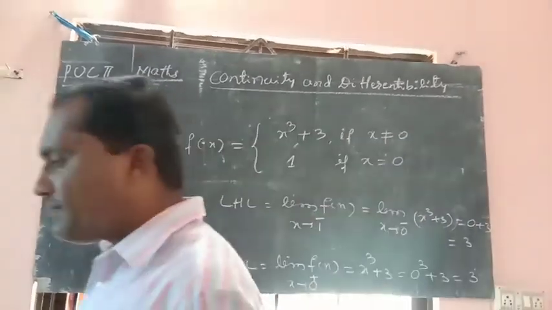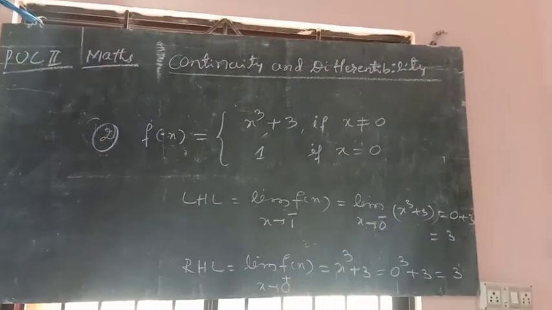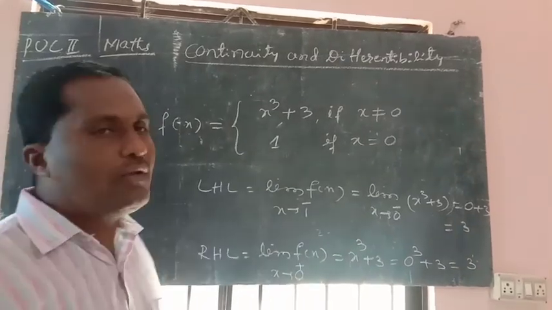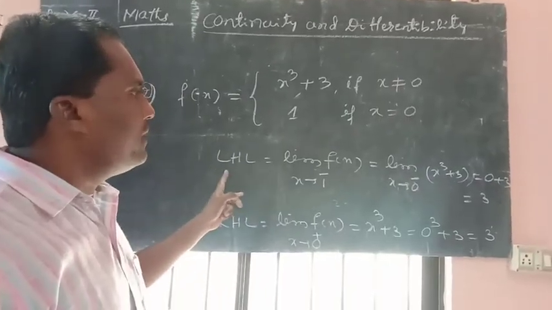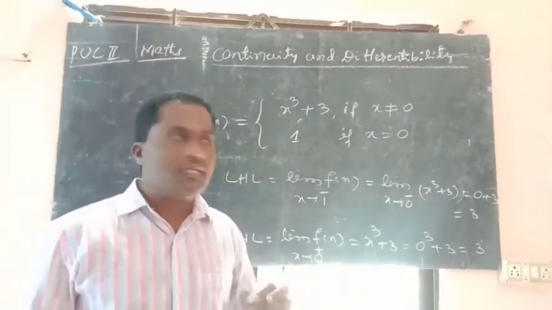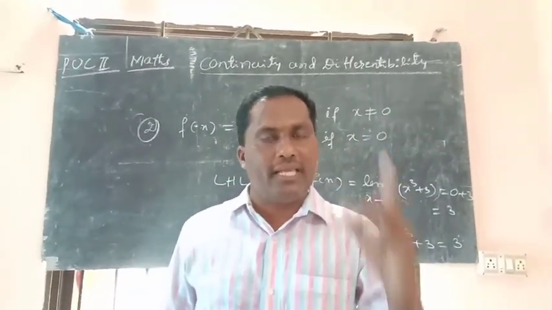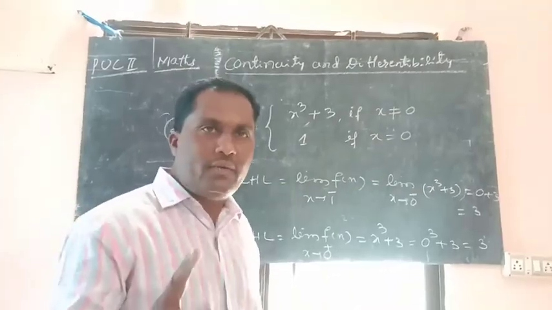So is the function continuous or not? See, first, f of 0 is 1. Left hand limit is 3. Right hand limit is 3. Is the function continuous or not?